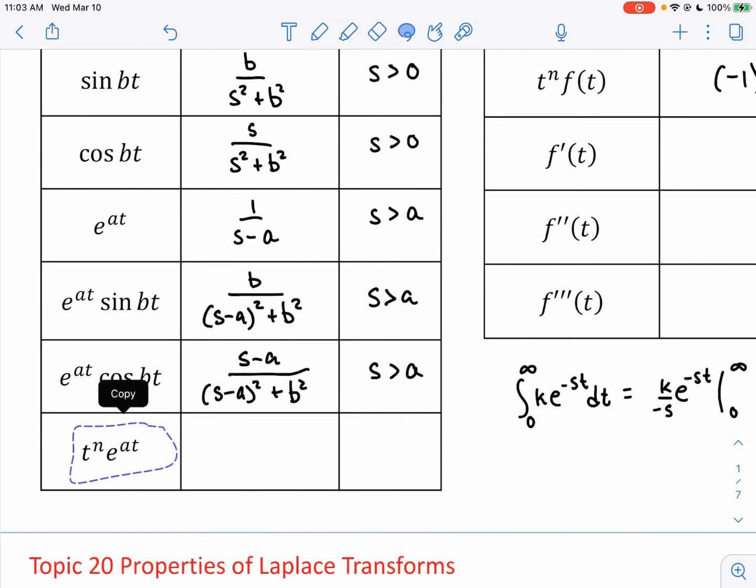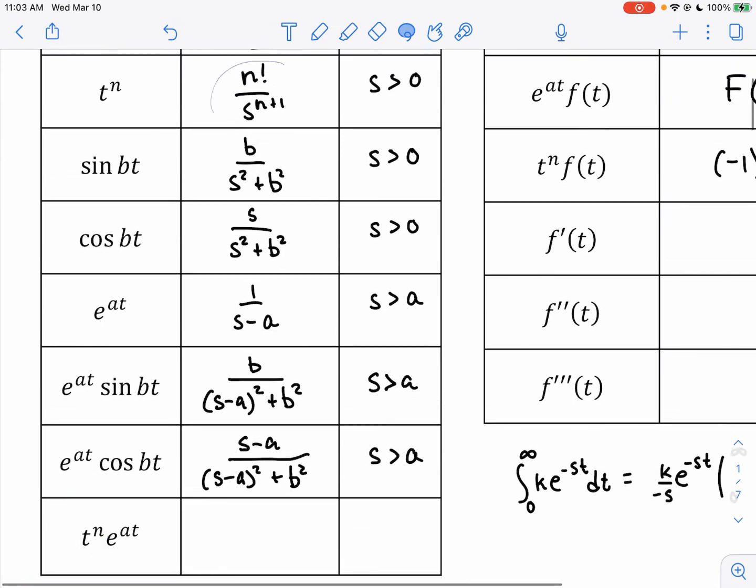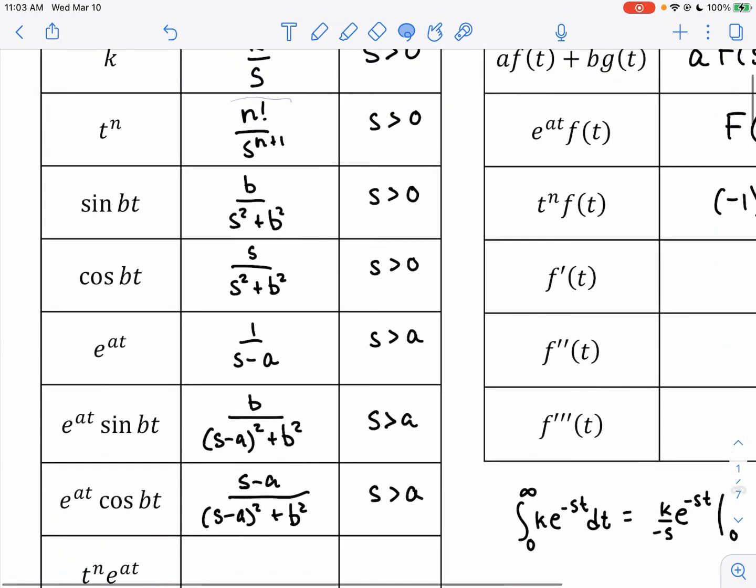And this one, bottom one down here, can also be generalized by saying, okay, let's do the e to the at times f of t. So let's consider the t to the n as my f of t. And the Laplace transform of t to the n is sitting right there. And if I'm going to multiply t to the n by e to the at, and I want to do the Laplace transform of that result, then I just have to start with the Laplace transform of t to the n, but evaluate it at s minus a.